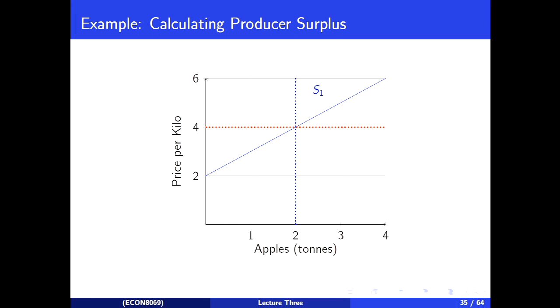My total costs, or my variable cost anyway, are the area under my supply curve. And so the difference between those is this triangle here. So that's my producer surplus. And the size of that triangle is 2 units. It's 2 by 2 by a half, because it's a triangle. So I produce 2 units of producer surplus. It's the area of this triangle.